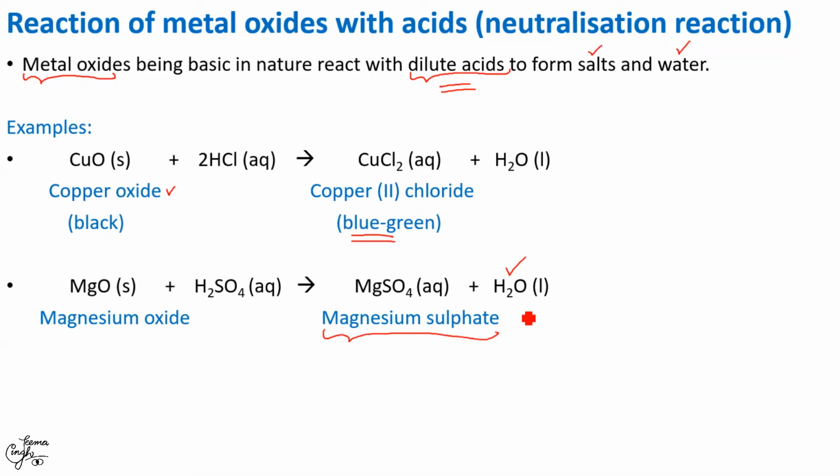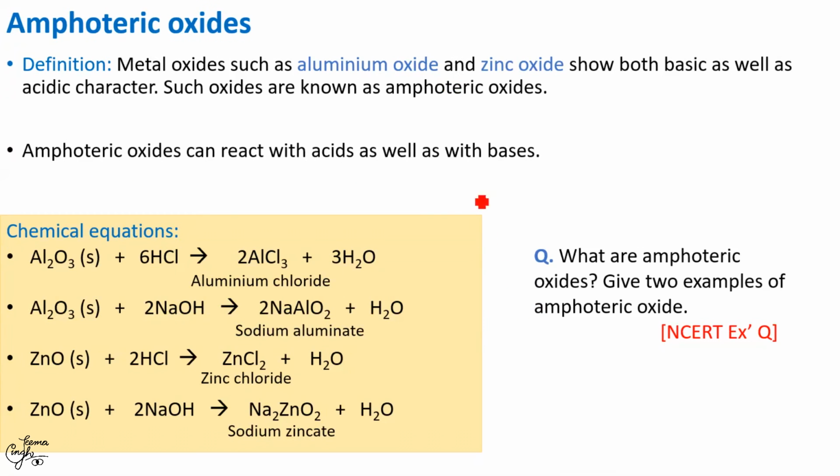Dear students, note that although most of the metal oxides are basic in nature, some metal oxides such as aluminium oxide and zinc oxide show both basic as well as acidic character. Therefore, they can react with acids as well as bases.